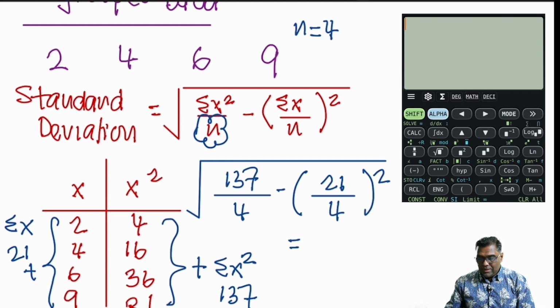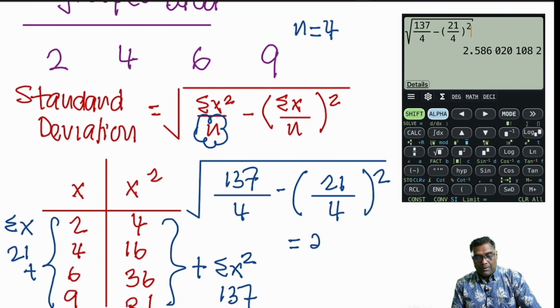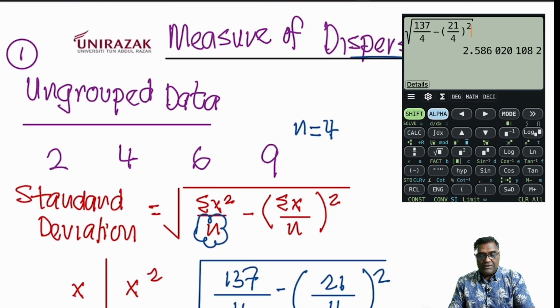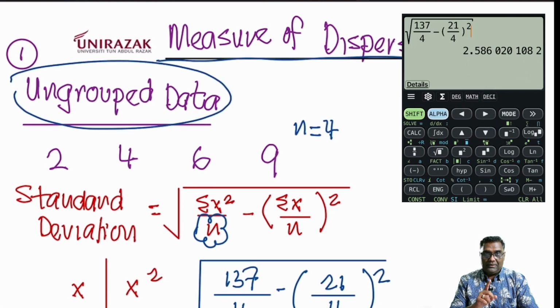So, square root fraction 137 over 4 minus bracket fraction 21 over 4. Close the bracket, square, and you have your answer 2.586. I put it in 4 significant figures. Okay, this is how you calculate mean and standard deviation for measure of dispersion but ungrouped data.